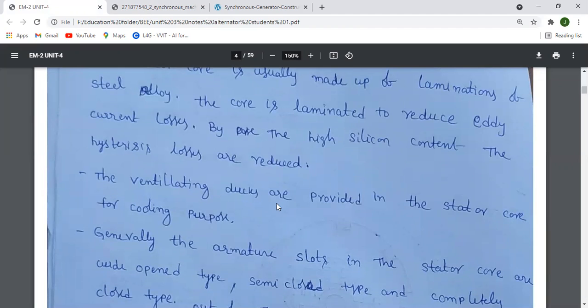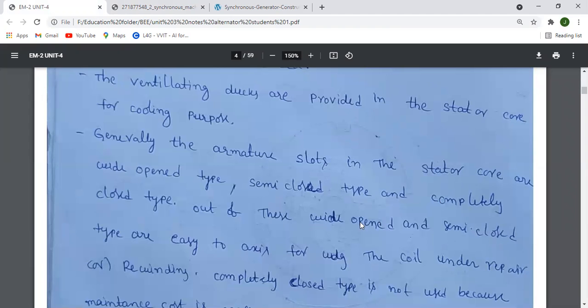The ventilating ducts are provided in the stator core for cooling purposes. In general, the armature slots in the stator core are of open type, semi-closed type, and completely closed type.